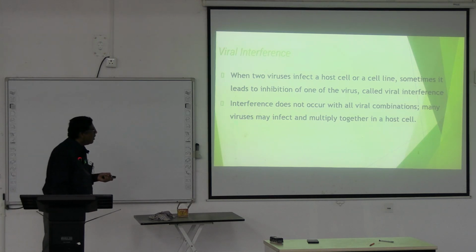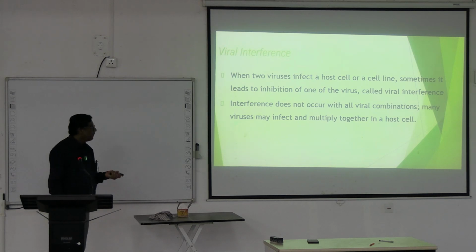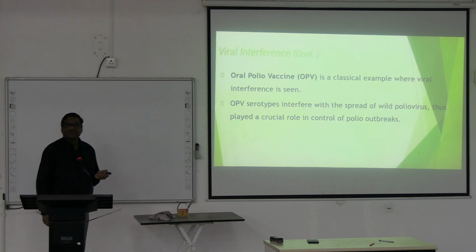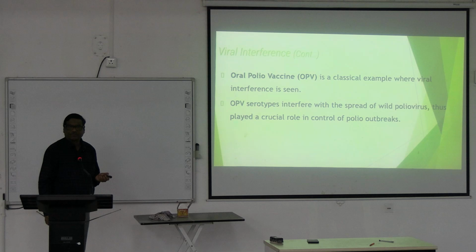Interference does not occur with all viral combinations, and many viruses may infect and multiply together in a host cell. Oral poliovirus is a classical example where viral interference is seen. OPV serotypes interfere with the spread of wild poliovirus. That's why we use OPV till date, and it played a crucial role in control of polio outbreaks.